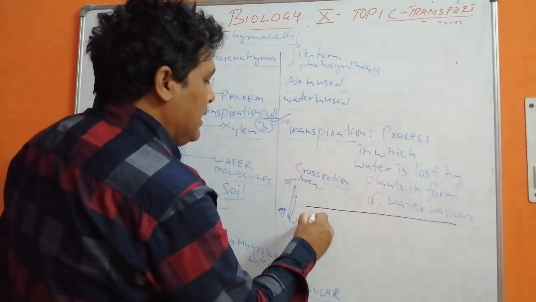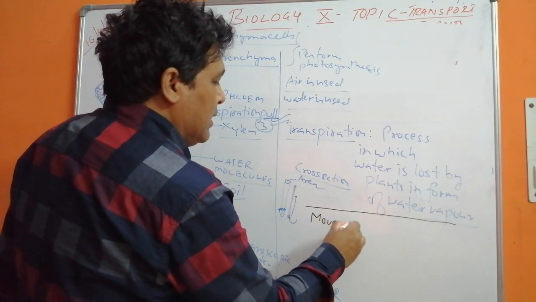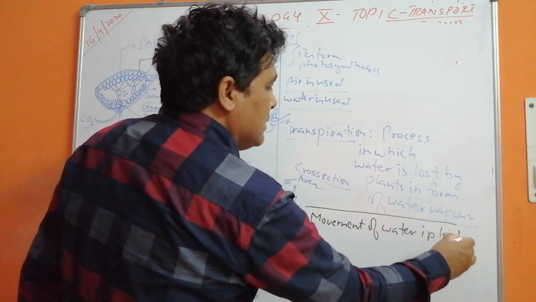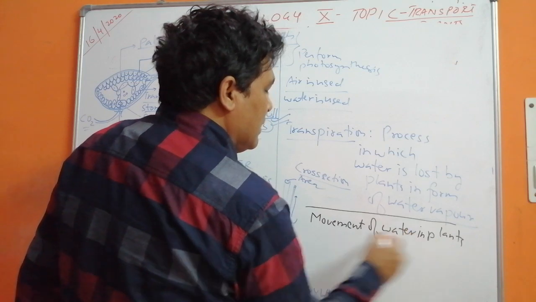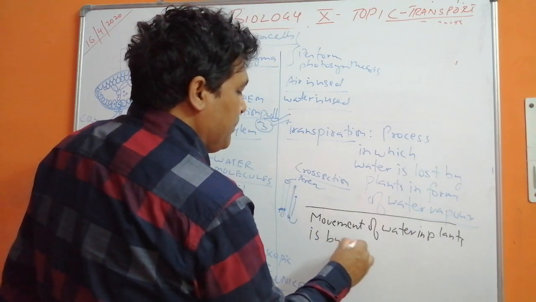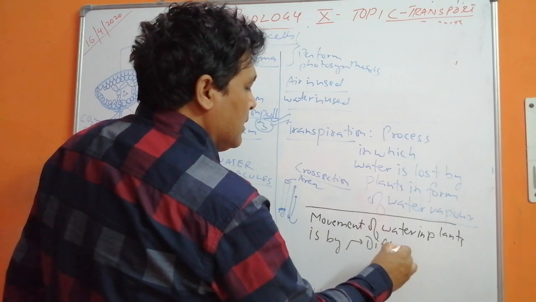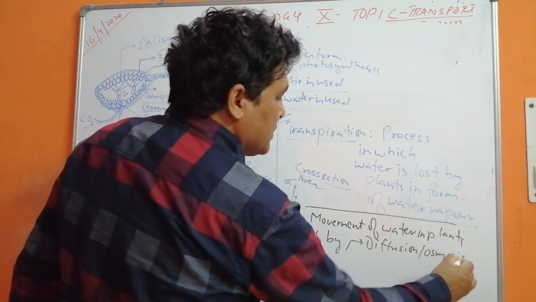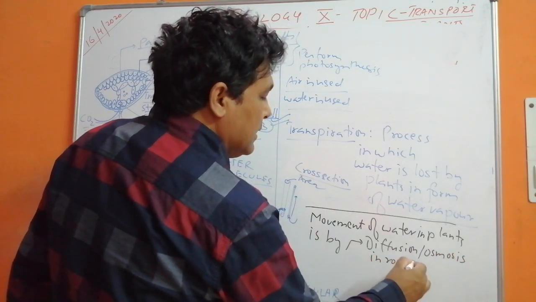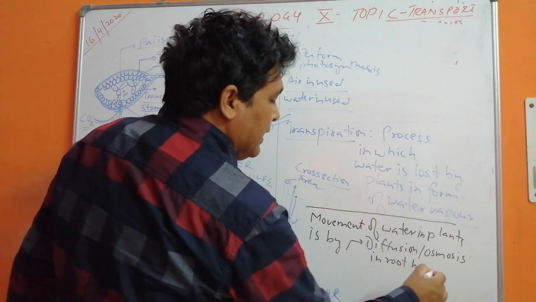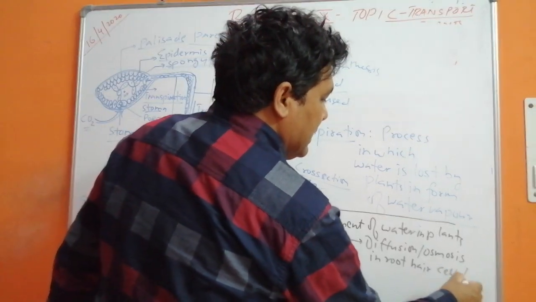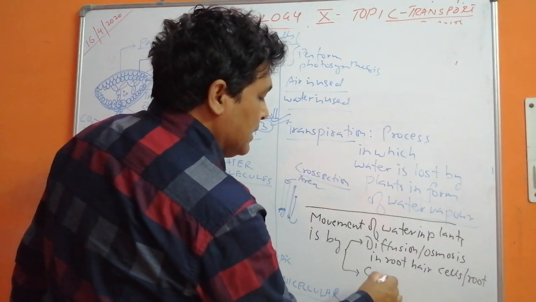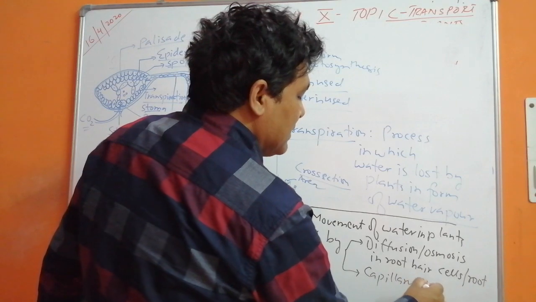So in a nutshell, movement of water in plants is by diffusion or osmosis in root hair cells, or you can write root. Second is capillary pressure.